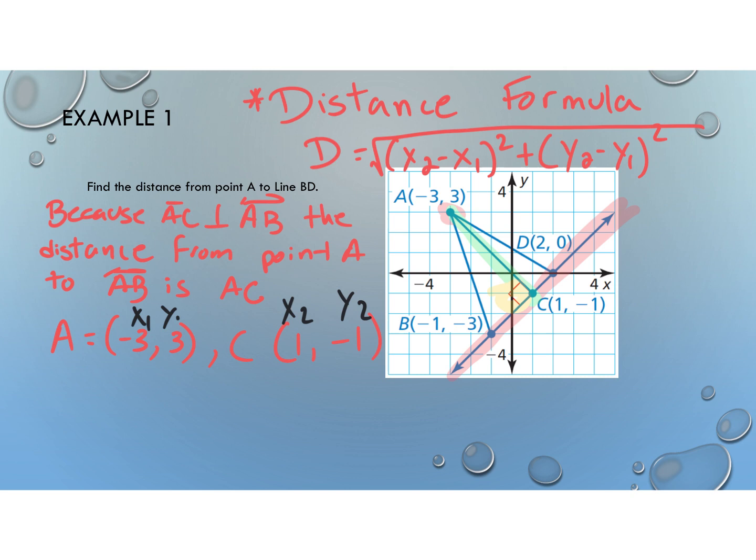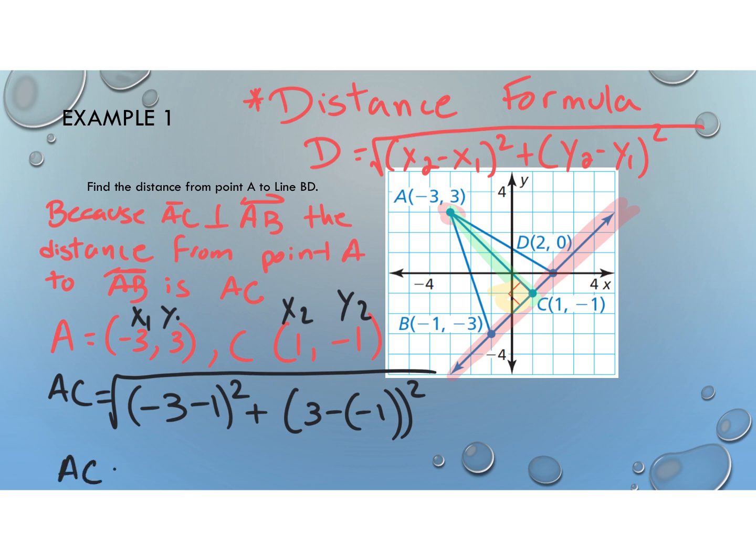The distance for AC equals -3 minus 1 squared plus 3 minus -1 squared.